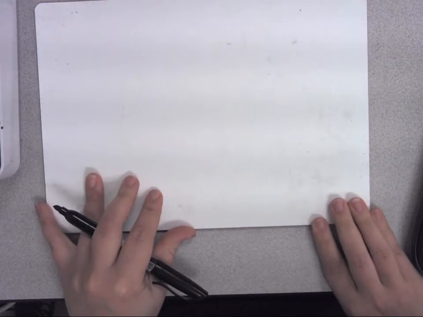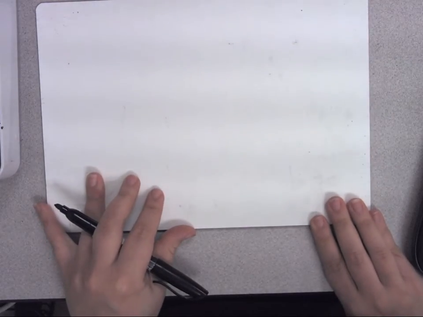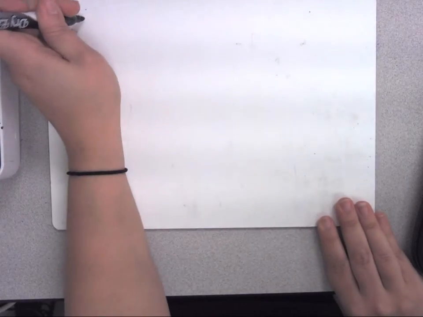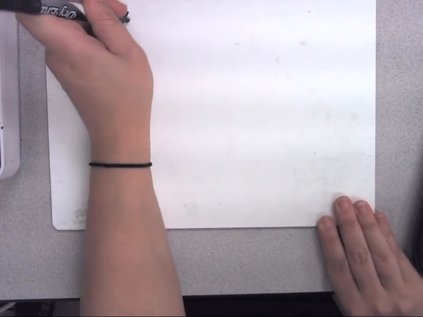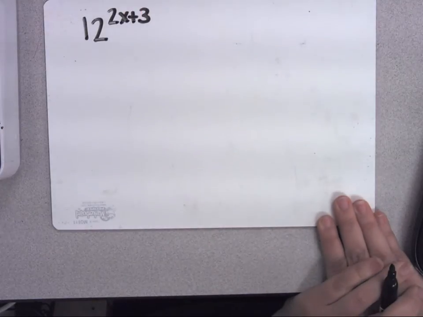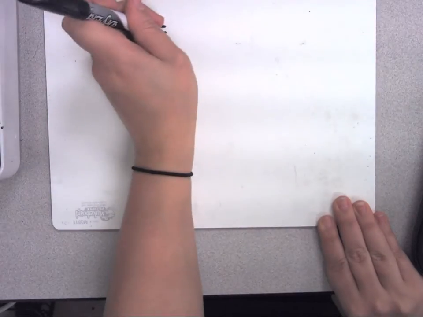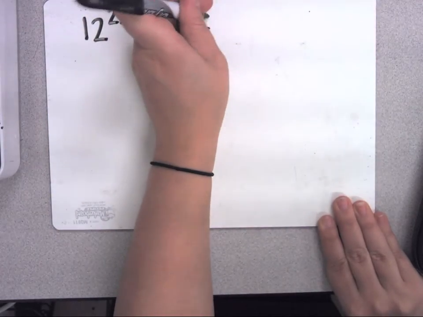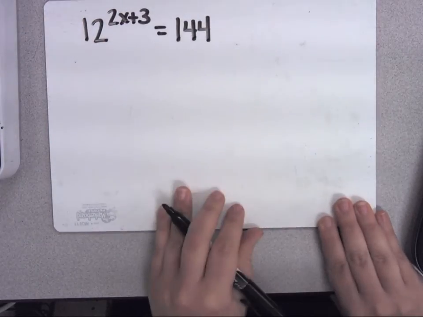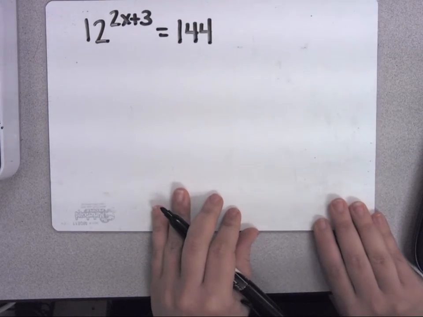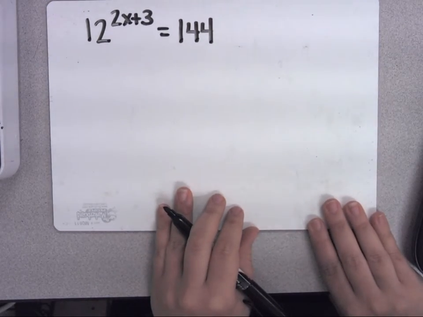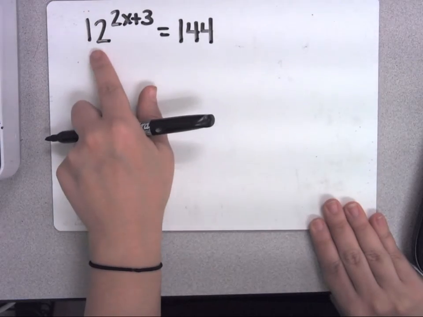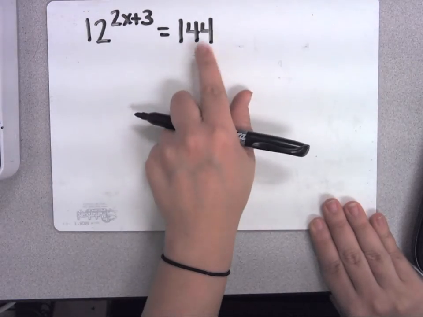Okie dokie. Let's try another one. How about 12 to the 2x plus 3 power equals 144. Okay, 12 is a smaller number, so first check and see that big number 144.